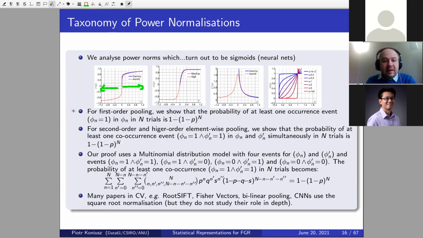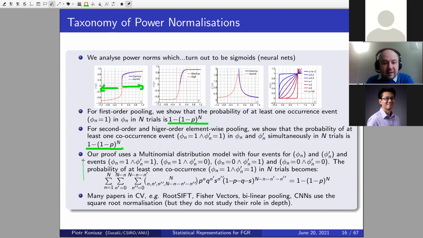So just to reiterate, for instance, if we use element-wise pooling, this function over here really acts as a detector. And then for a co-occurrence pooling, if we want to detect some co-occurrence of phi n with phi prime n, it turns out that the function really, under assumptions, for instance, that features are drawn from Bernoulli distribution, it has the same form.